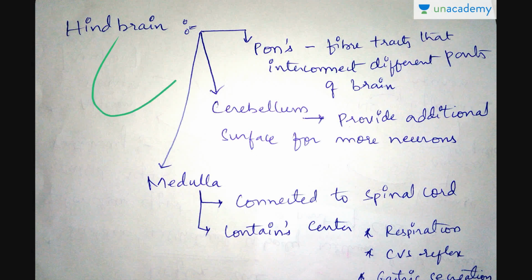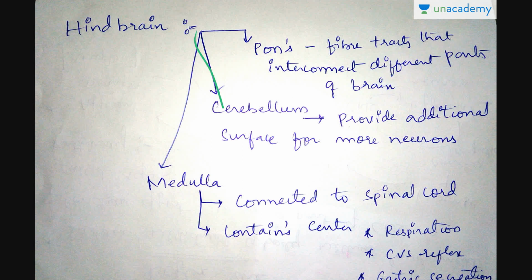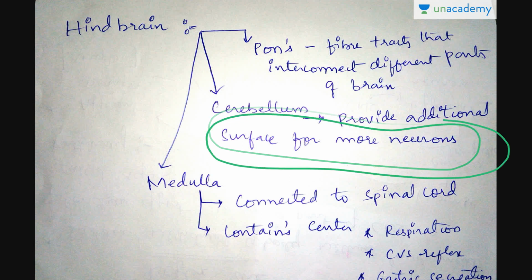Coming to the hindbrain, hindbrain has three parts: pons, cerebellum and medulla. These pons are nothing but the fiber tracts that interconnect different parts of brain, and the cerebellum part of the hindbrain provides additional surface for more neurons accommodation.